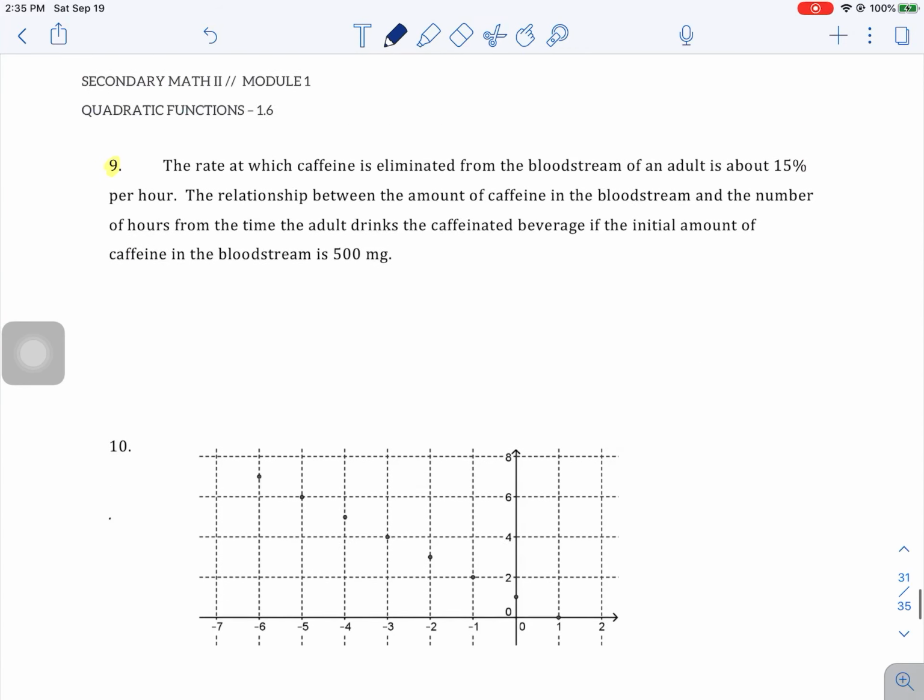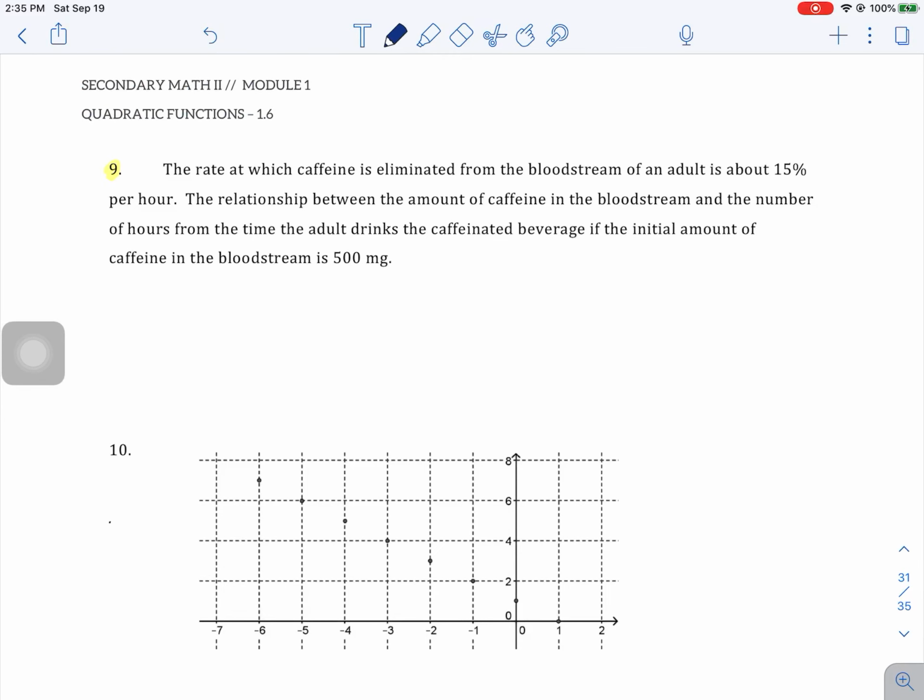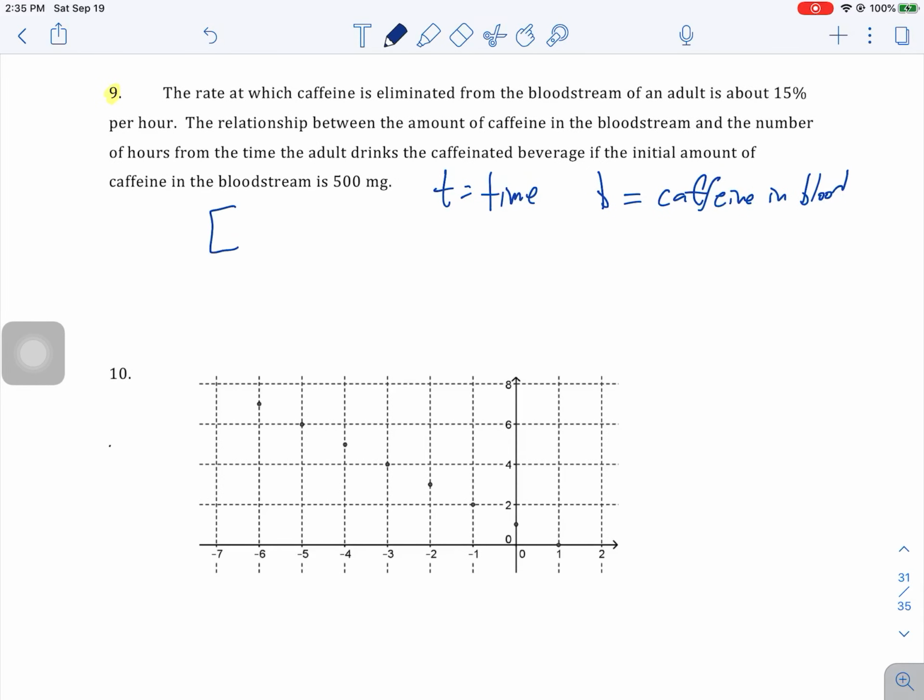And then this one I like, the bloodstream. The rate is about 15% per hour. So let's say t equals time, and b equals the amount of caffeine in your blood. This is an exponential relationship because we have a rate of 0.15.